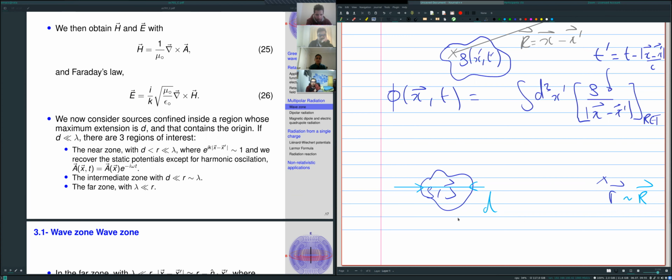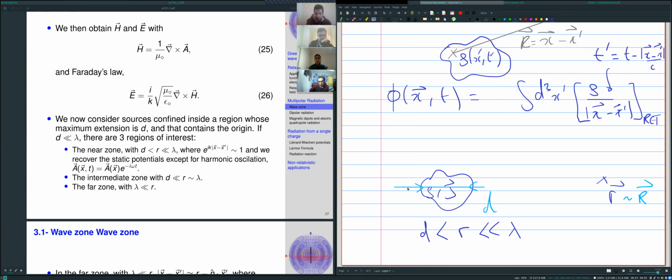So we have to distinguish these three zones of interest. So if in the near zone, so if we have this case where both D is less than R, so we are here, okay? But these two are smaller than the wavelength, okay?